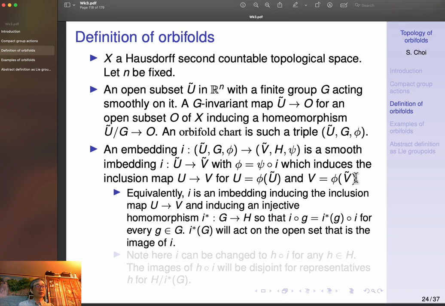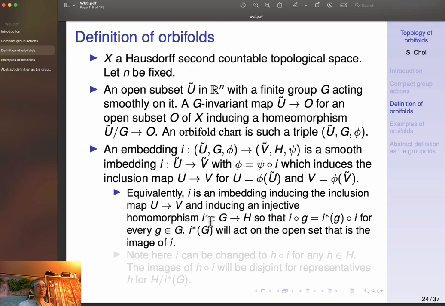So these are all in X. Equivalently, i is an embedding inducing an inclusion map, and inducing an injective homomorphism i star from G to H such that i(g) circle i is i star(g) circle i for every g in G. i star(g) will act on the open set that is the image of i.